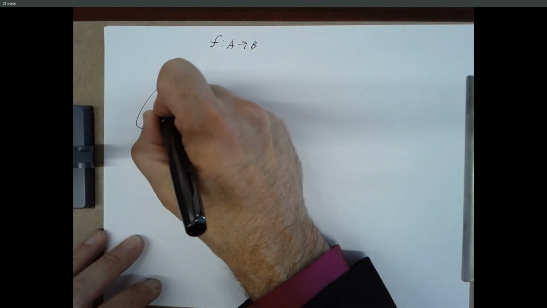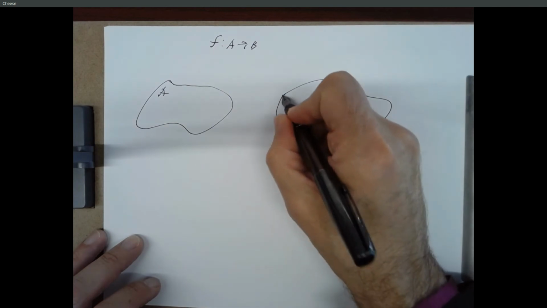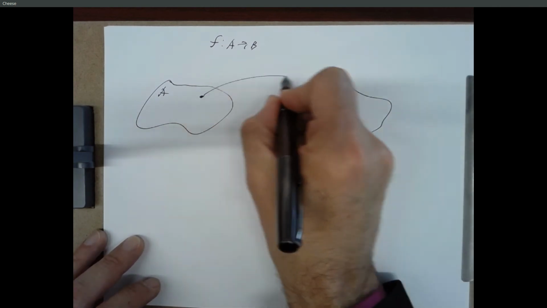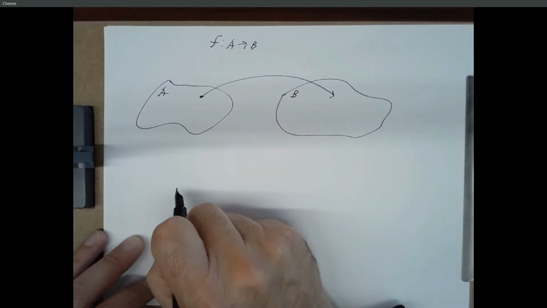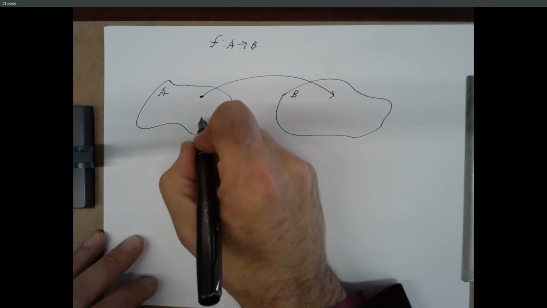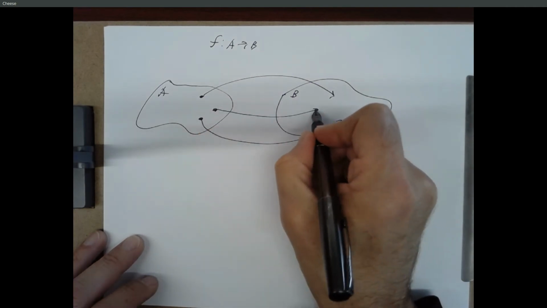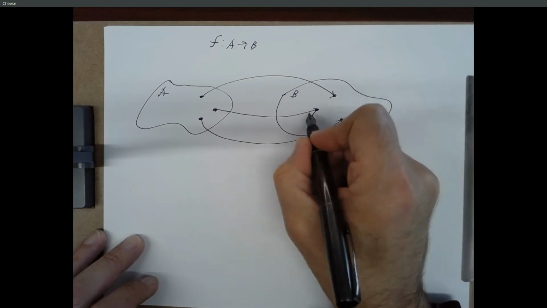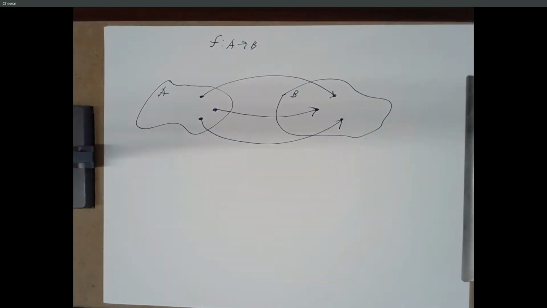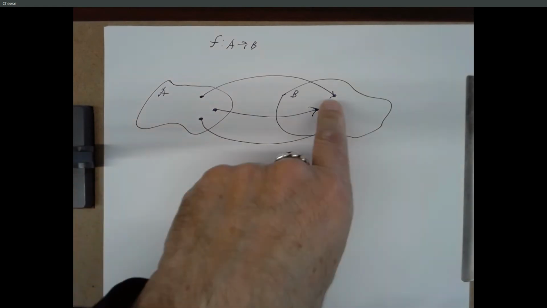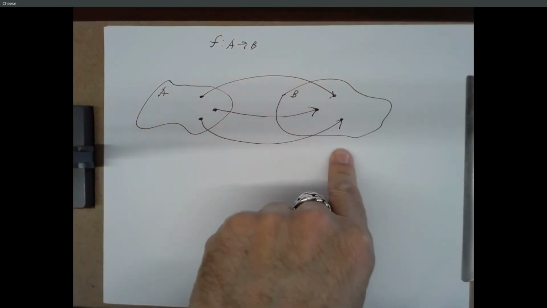And here's our set A. And here's our set B. And we know that for every point in A, we get some image in B. So this maps over to here, and maybe this point maps over to here. Okay, so a first distinction we can make is, do different points in A always map to different points in B, such as we've drawn here?